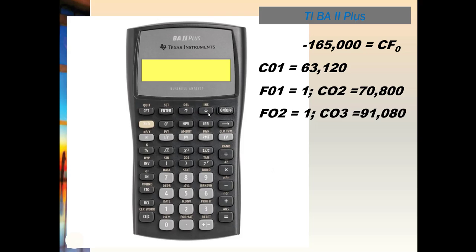You can press the down arrow key to go to the next entry. The next entry will be cash flow 3. You save your entry and press the down arrow key. It will go to the frequency for the third cash flow.